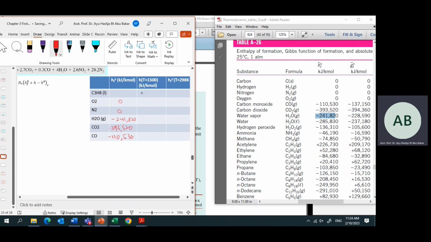Then the enthalpy at T1500. Where to refer?